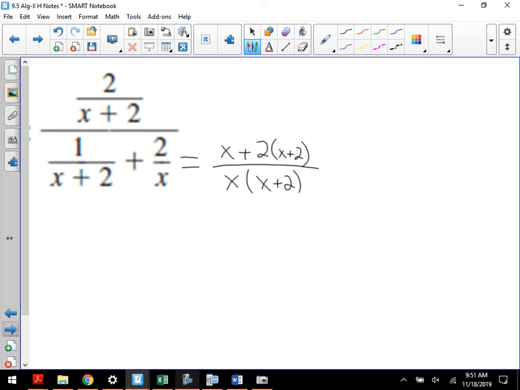Distribute, combine like terms of that numerator, rewrite. And you should get 3x plus 4. That top fraction is all set up. You just bring it all the way over.